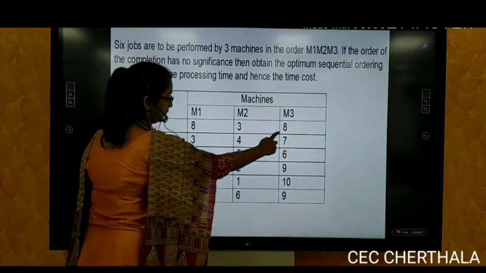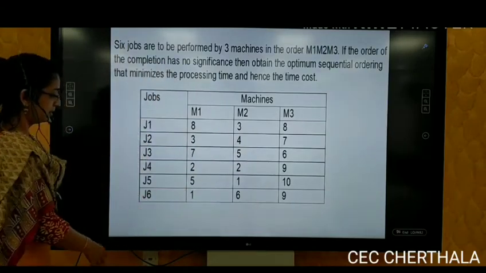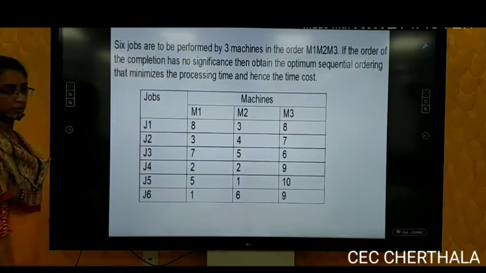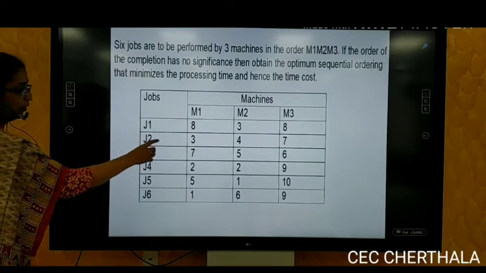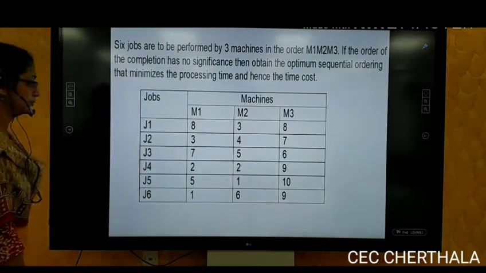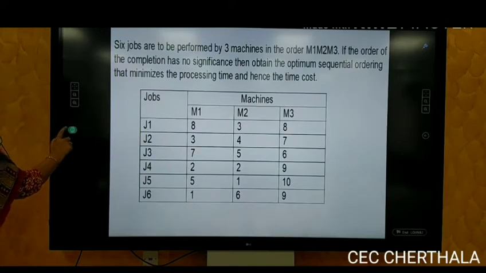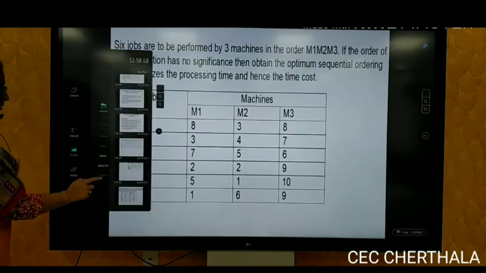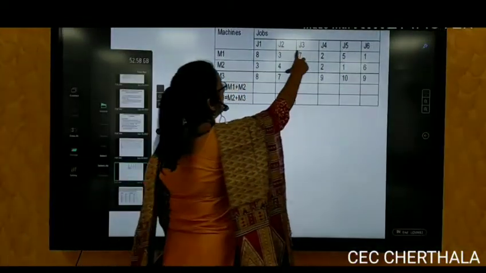Now these are the processing time for each machine and for each jobs. Here all the numbers given are in days. So the time is given in days. So this is the problem.